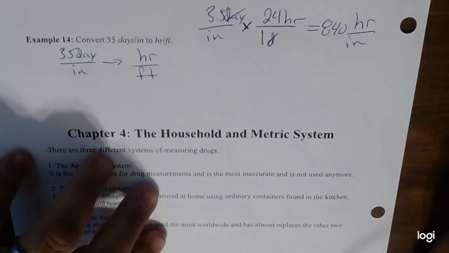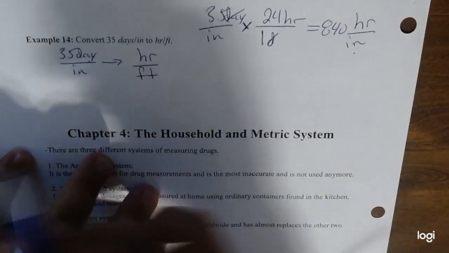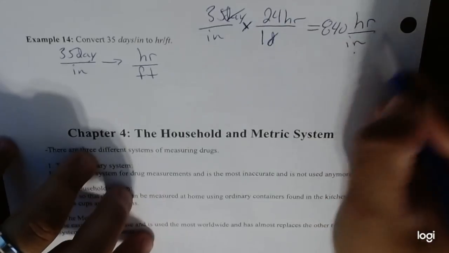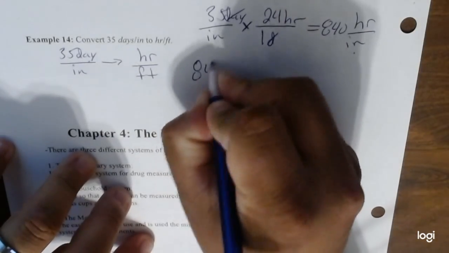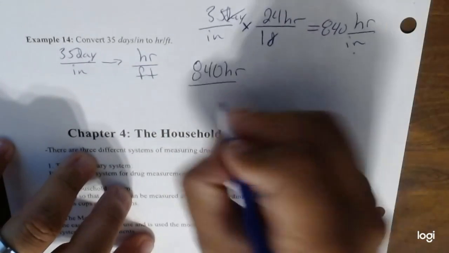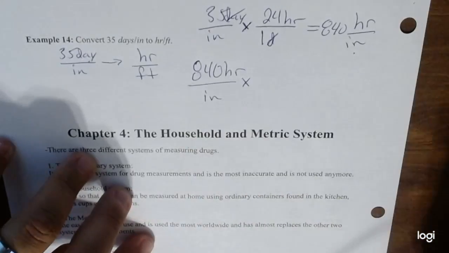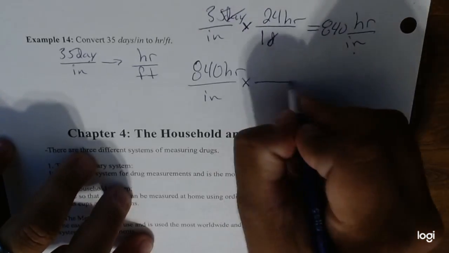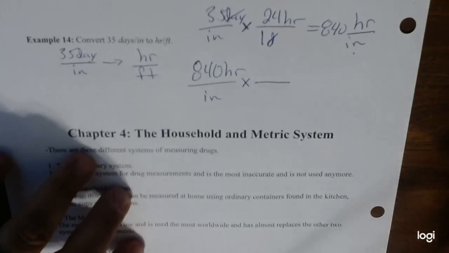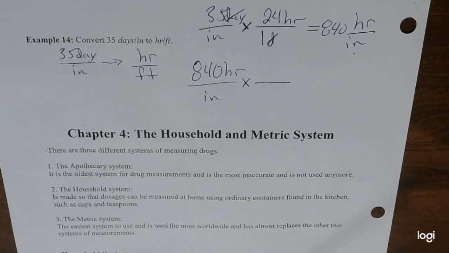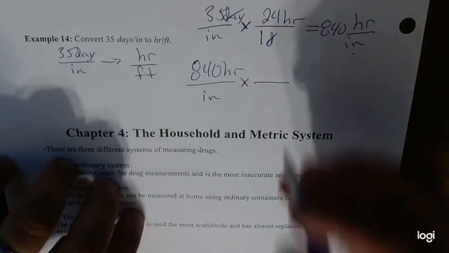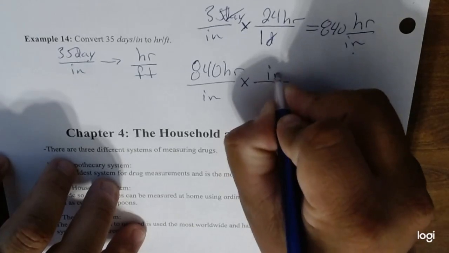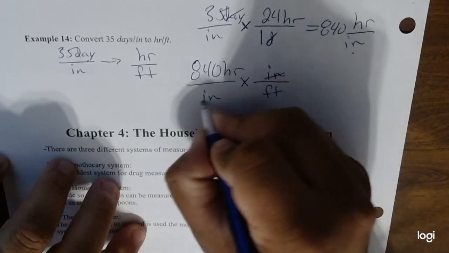Hours, check. Now we go from inches to feet, doing the exact same thing. So we start here. 840 hours per inch, and now we multiply it, okay? Well, what equivalency do we know that goes from inches to feet? So back again, right? There are 12 inches for every 1 foot, but this time, inches must go on top because that's the only way to cancel on the bottom.